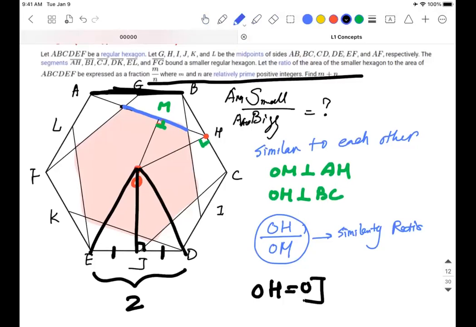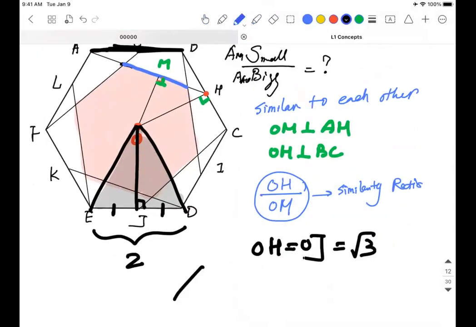That's the height, so that one should be fairly easy. √3. Everyone knows that you have an equilateral triangle. How to determine an equilateral triangle's height? That one is too easy. For the equilateral triangle, the height is √3 over 2 times a, right? Everyone knows that. So OH is √3.